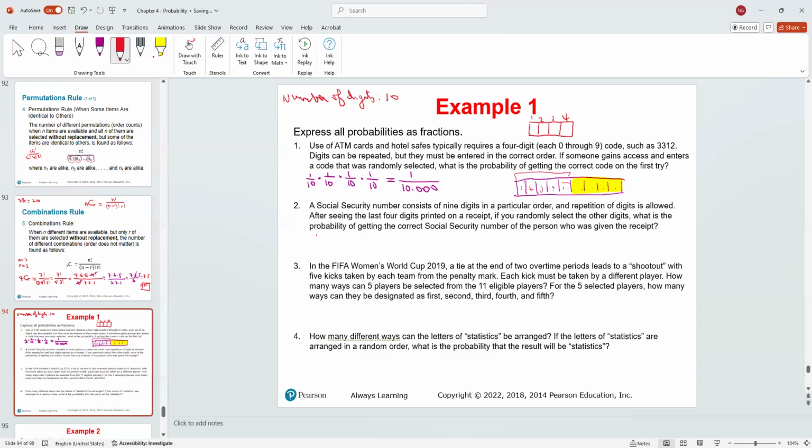Very easy, because the first one is out of 10, the second is out of 10, the third out of 10, the fourth out of 10, and the fifth out of 10. If you try and you get it correct, that will be the answer. Because you already know the last four, you only need to get the first five. So that gives you 1 out of 100,000.